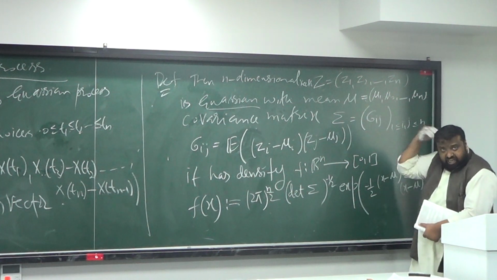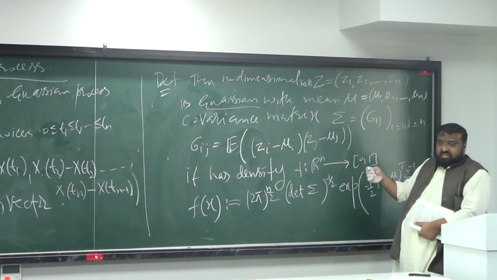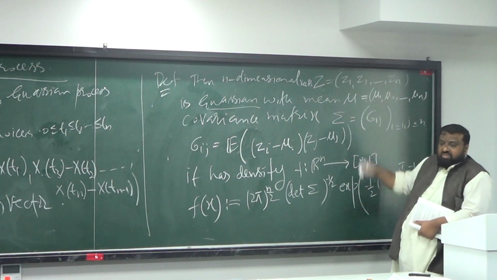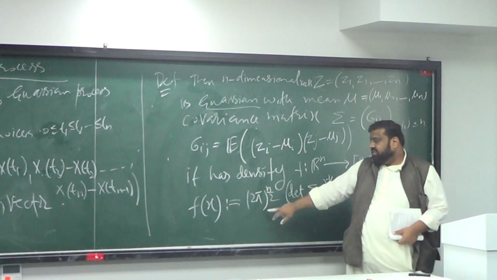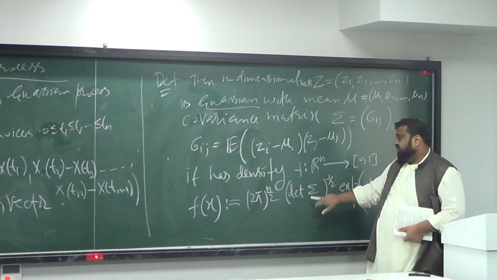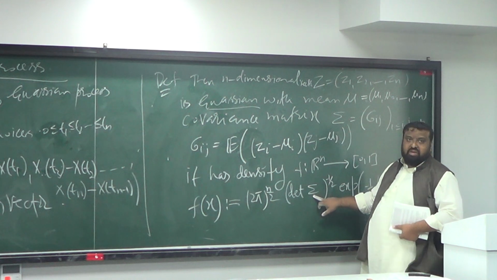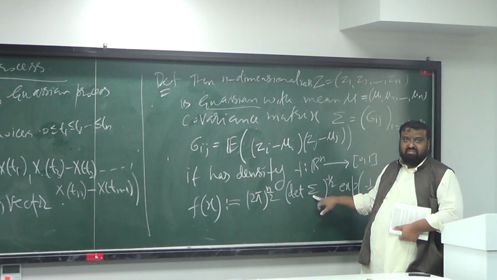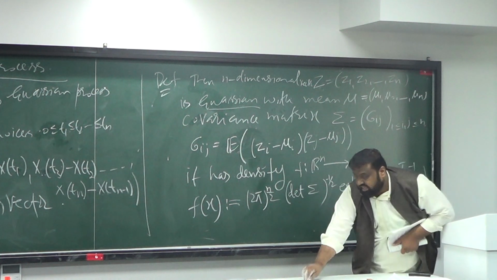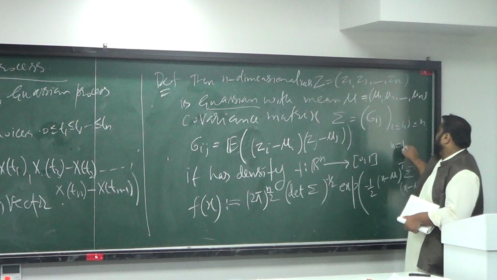So does it meet our intuition? For example, take n equal to 1. Think about it. This is 1 over the square root of 2 pi. What is going to be the sigma in the case of n equal to 1?